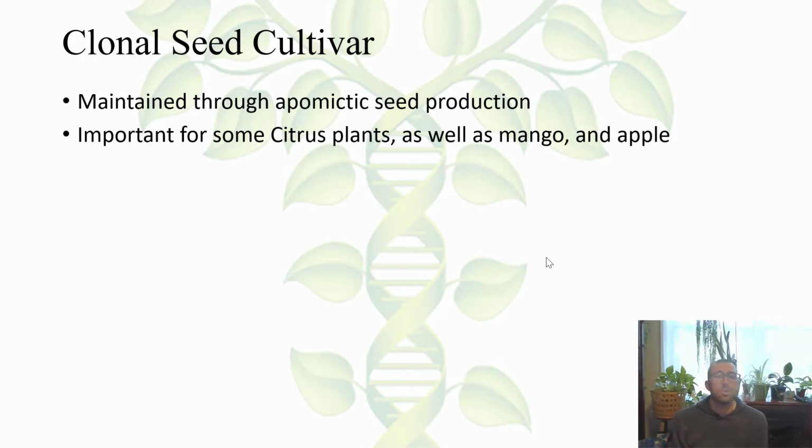And this is important for some of our citrus plants as well as mango and apple. They can produce these types of seeds, and then we know they're going to have the exact same genes as the parent plants. We don't have to worry so much then about managing or isolation for pollination, right? So those are clonal seed cultivars.